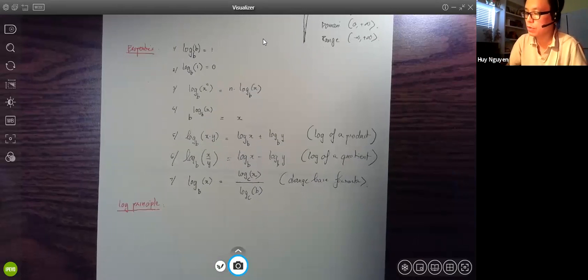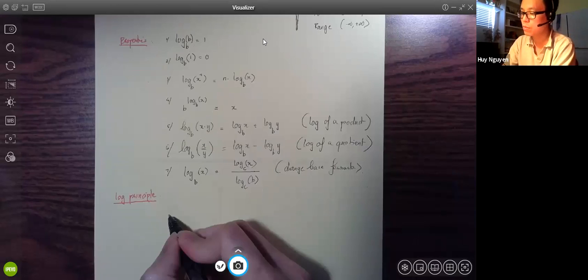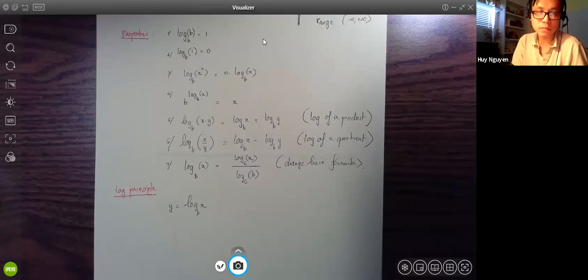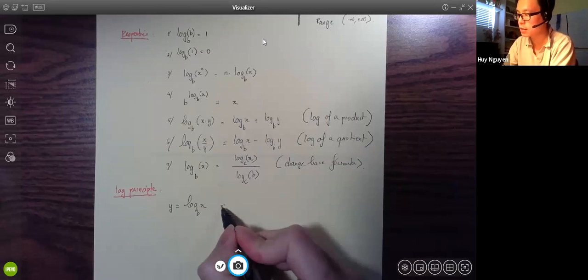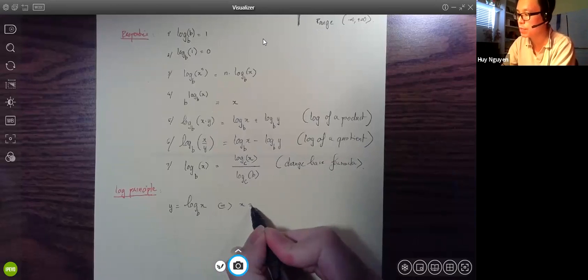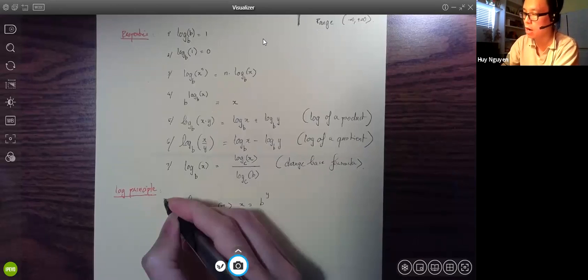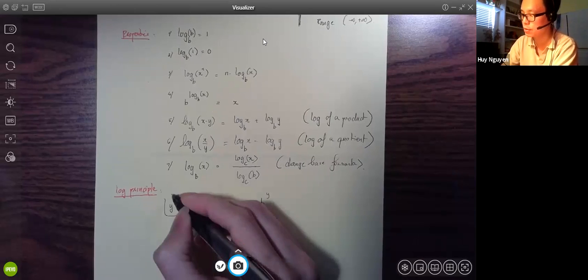The log principle states that if we have y equals log base b of x, then it's equivalent to x equals b to the y. I'm going to box it because it's very important.